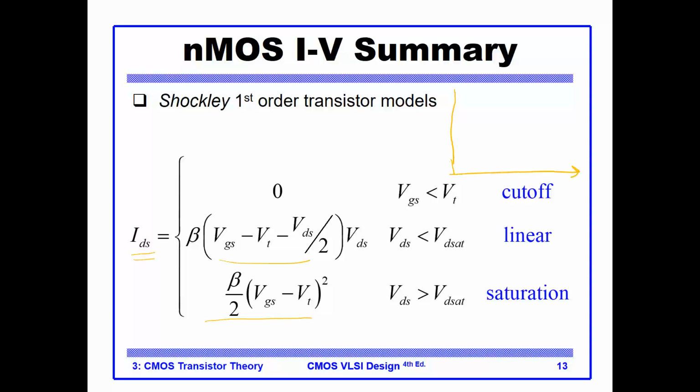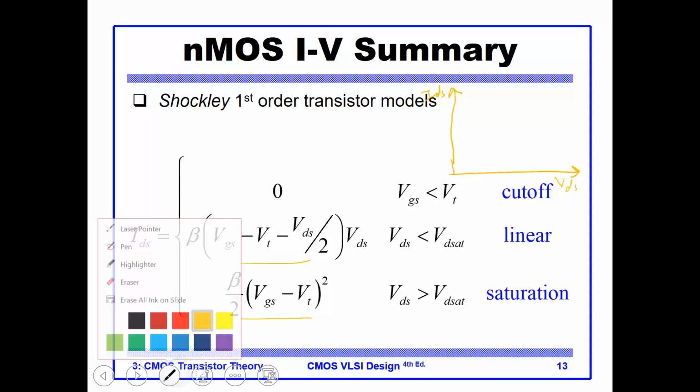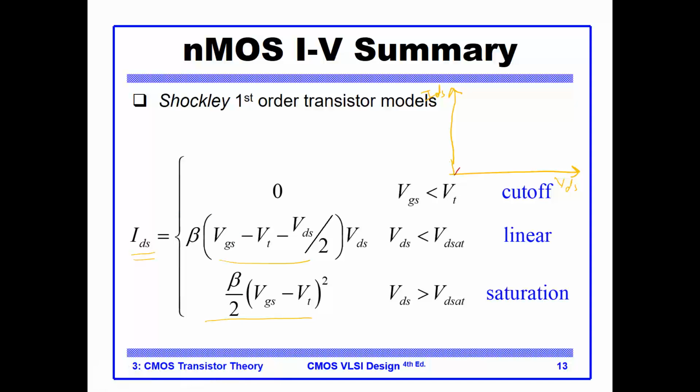We have to recall that last time in the previous class we said that if we plot IDS versus VDS, the equation will look something like this, like this, like this, and these are for different values of VGS. So let's say, for example, VGS 0.5, VGS 0.7, VGS 0.9, of course all in volts, and VGS 1.1 volt.